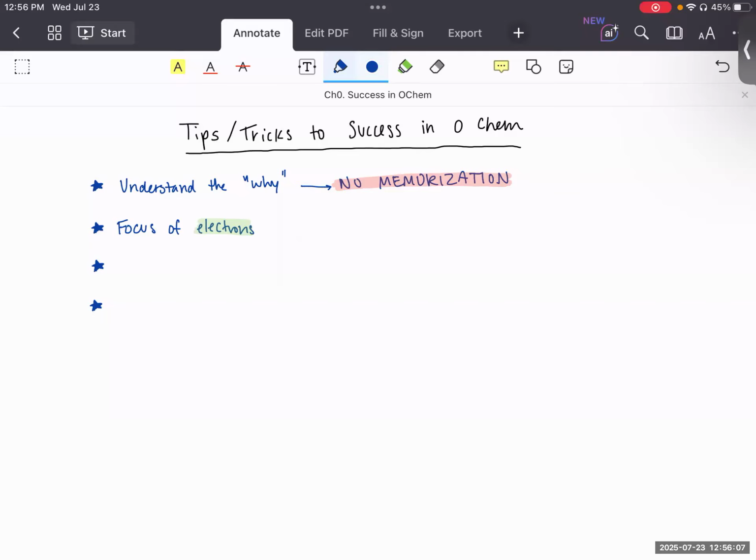The next one is learn skeletal notation ASAP. Being comfortable with skeletal notation is going to be very, very critical to your success. For this, I have 2 videos that are going to be available to work through this. The first one is going to be a lecture video, and I'll link these below.